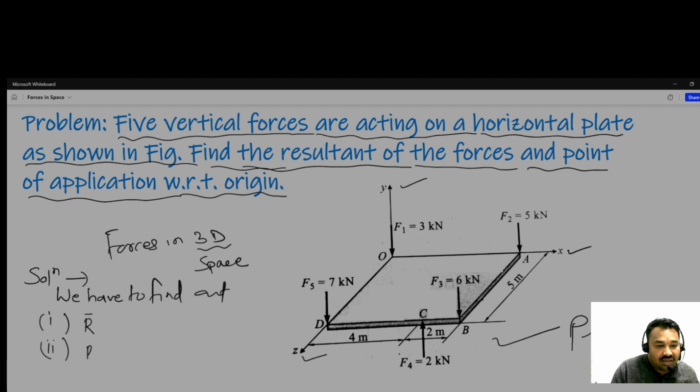These we have to find out, means the coordinates, or you can say the point of application.